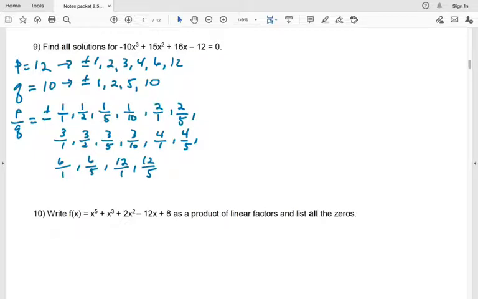So let's try some. So I'm going to do synthetic division. Let's see. Put my coefficients first. Bring down my -10, and now I'm going to think about which one I want to start with. I'm going to start with 1, I guess.